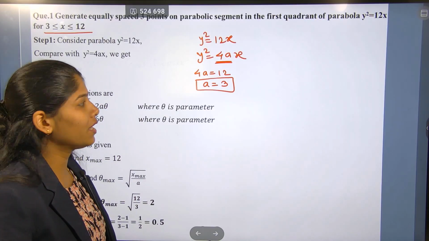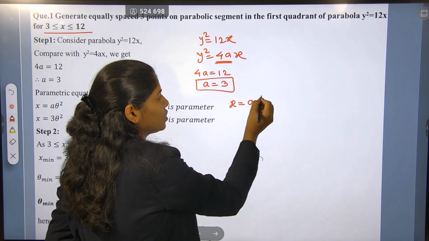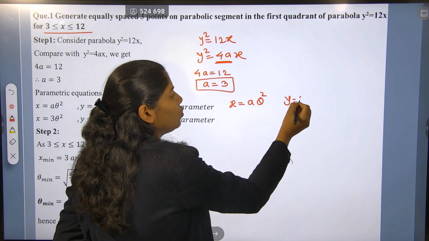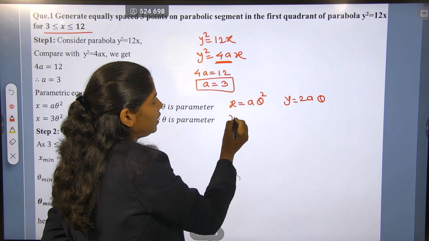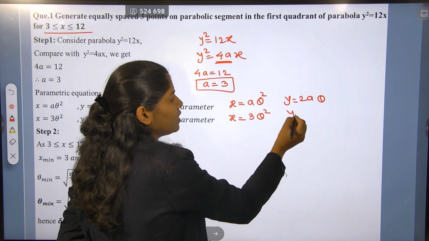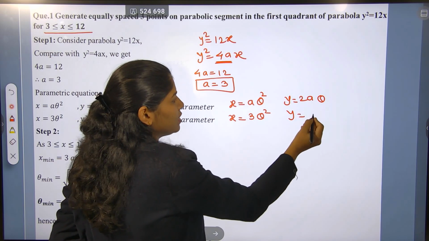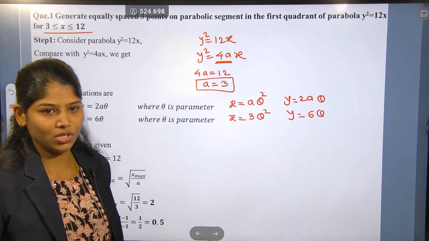We know the parametric equation: x is equal to a theta square, y is equal to 2a theta. So put here the value of a, we get x is equal to 3 theta square and y is equal to 6 theta. These are the parametric equations.